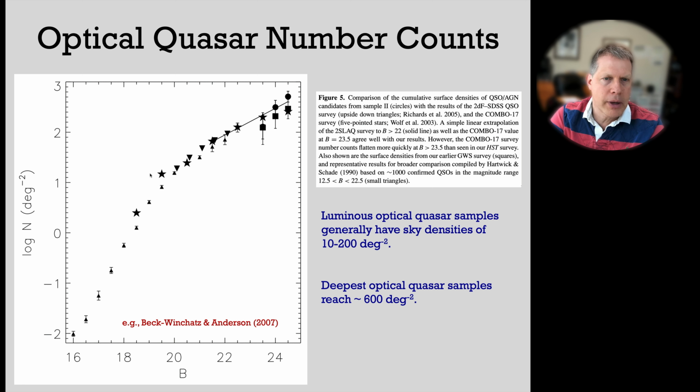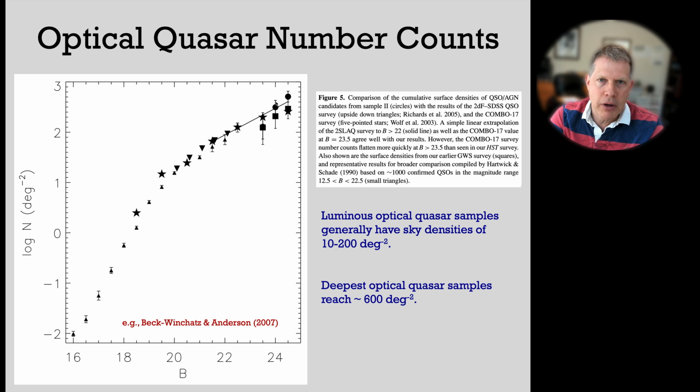So you're probing this range over here, running from, of order 20th magnitude, maybe down to 22nd magnitude, maybe a little bit fainter. That's where a lot of the modern optical quasar surveys are being conducted. And it's worth also noting that the deepest optical quasar samples, down at a little fainter than 24th magnitude, reach about 600 sources per square degree.